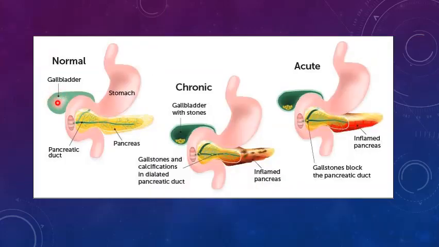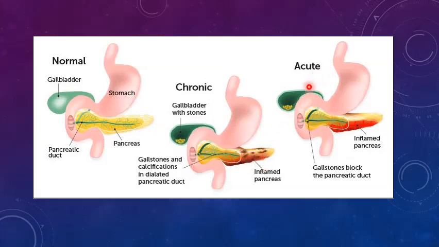This is the normal gallbladder, and here the gallbladder with the stones. In chronic cases, the gallstones and calcifications result in a dilated pancreatic duct, and the pancreas is inflamed. Here it is called chronic pancreatitis.